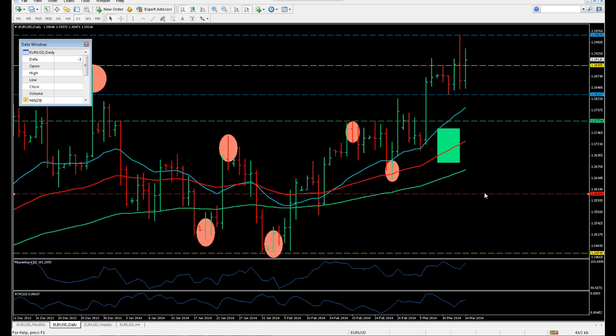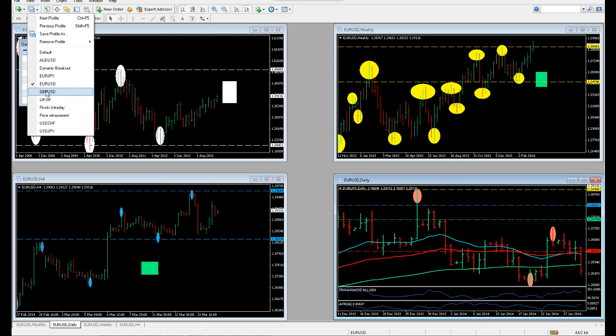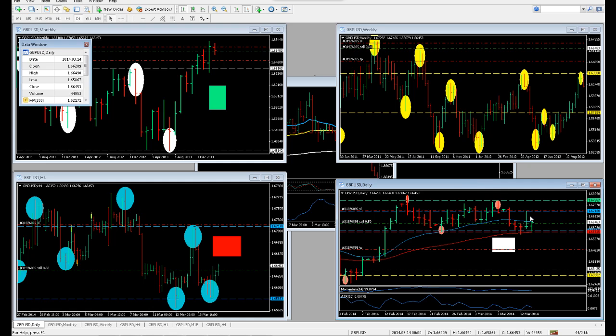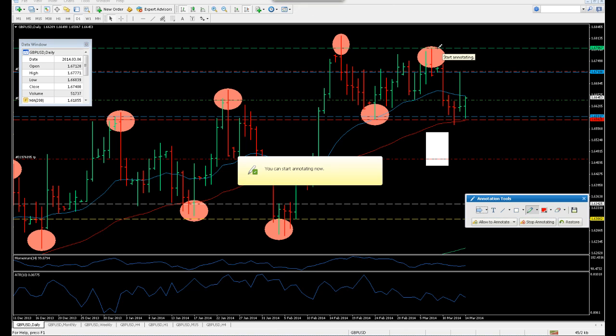Now carrying forward to our fourth currency pair, GBP USD. I'm just going to take a look at that at the moment. We can see the levels right now. At the moment it's actually a compression, because you can see that this is a lower high.